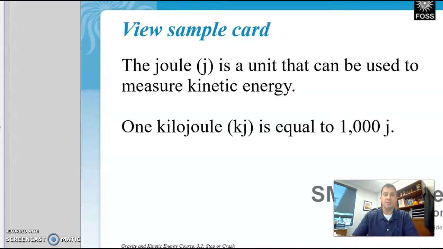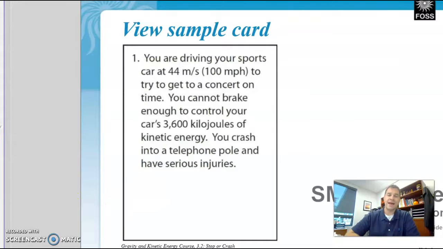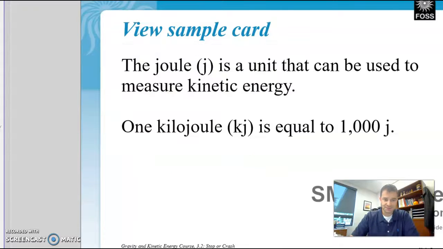So a joule measures kinetic energy. A kilojoule is 1,000 joules. Everybody got these 9 cards that talked about speed, the mass of different size sports cars, and how much kinetic energy they had.